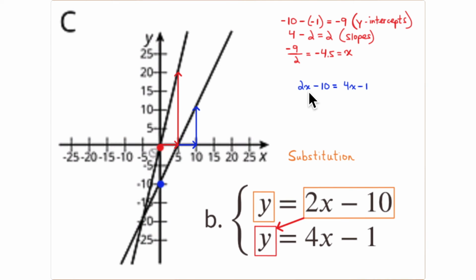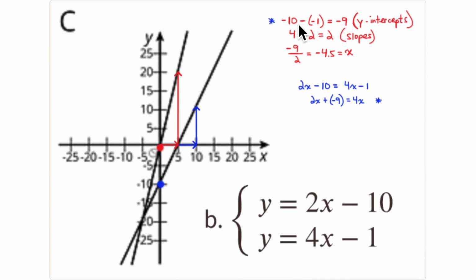So now to solve for this x-coordinate right here, you can find the difference in the y-intercepts, which is this -10 minus this -1. I'm skipping some steps here. This is -10 minus -1. That equals that -9 right there.